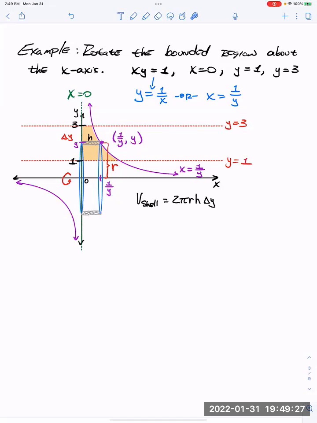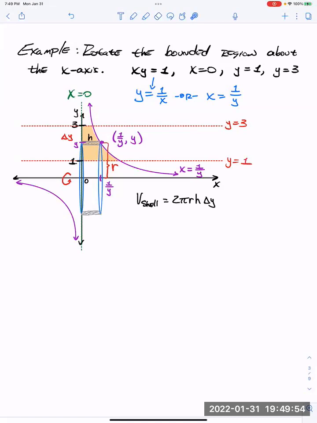But this x is coming from this function, which is same as y equal 1 over x, but we're calling it x equal 1 over y because this is now a function of y. So see, this x value here is 1 over y, and there it is. Okay. Any questions on that piece?